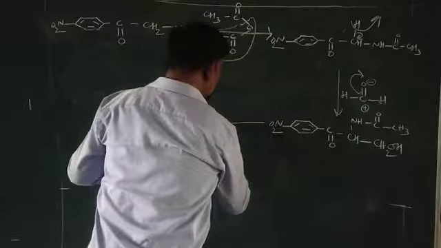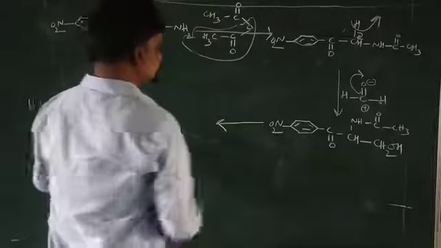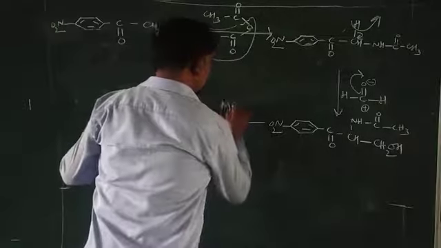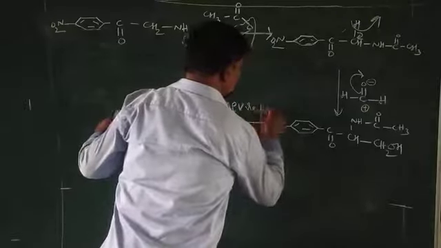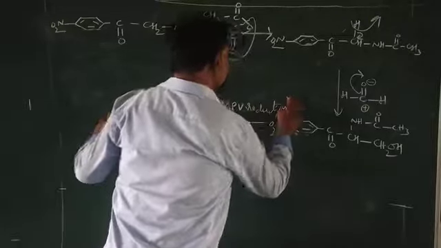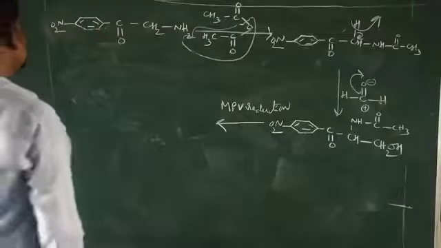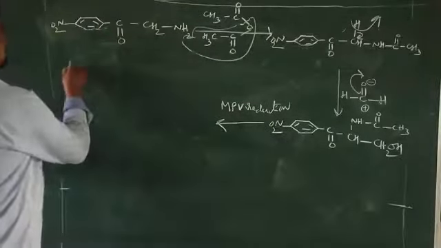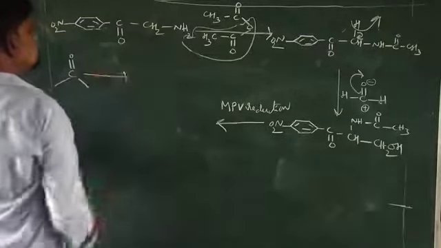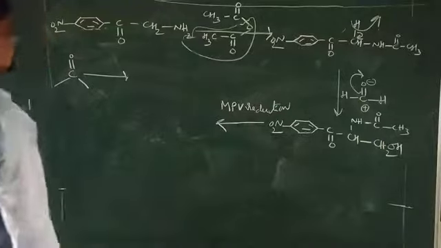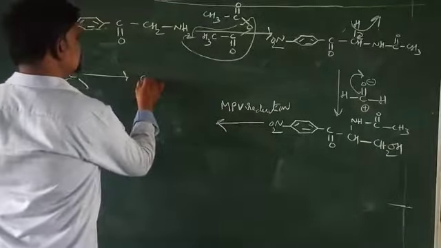Which is an MPV reduction, the Meerwein-Ponndorf-Verley reduction. So what is the Meerwein-Ponndorf-Verley reduction? Generally, aldehydes or ketones are treated with aluminum isopropoxide and converted to alcohols.